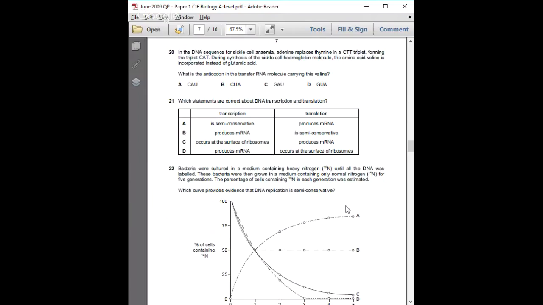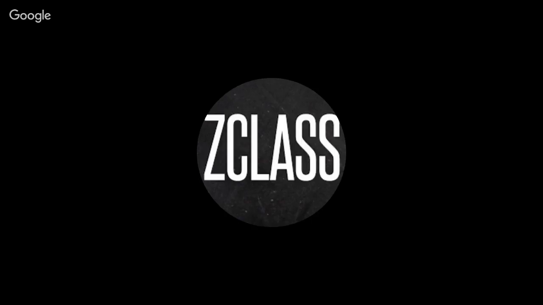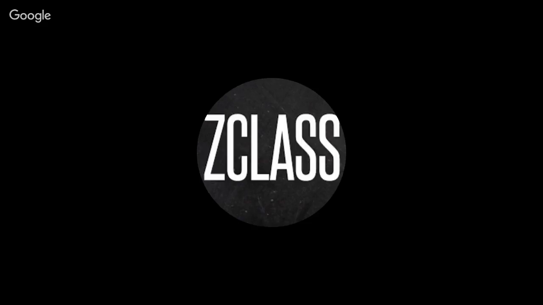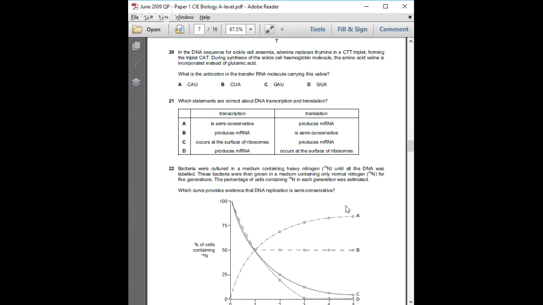Good. Those old and new strands are sometimes called parent and daughter strands. In terms of translation, the question says it occurs at the surface of the ribosomes. Where are ribosomes found in cells? On the rough endoplasmic reticulum. Anywhere else? In the cytoplasm. Good. So they can be free in the cytoplasm or on the ER.